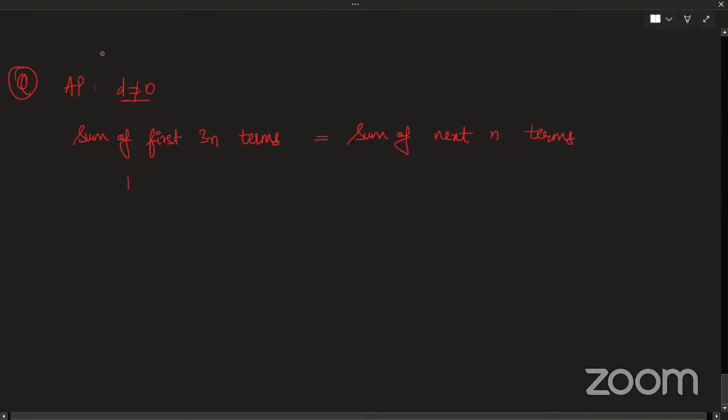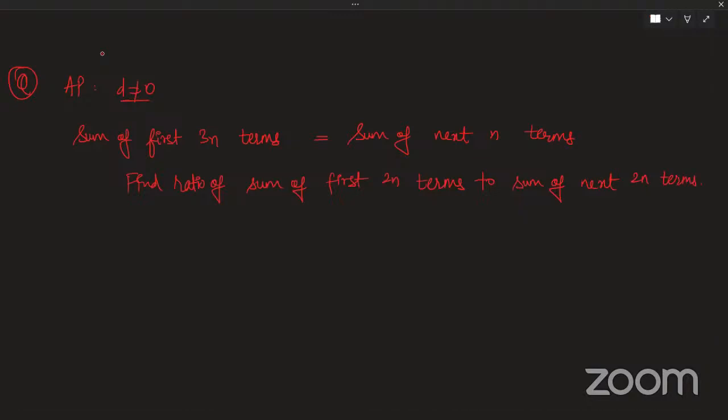It is asking me to find the ratio of the sum of first 2n terms to the sum of next 2n terms. Everyone understood the question?